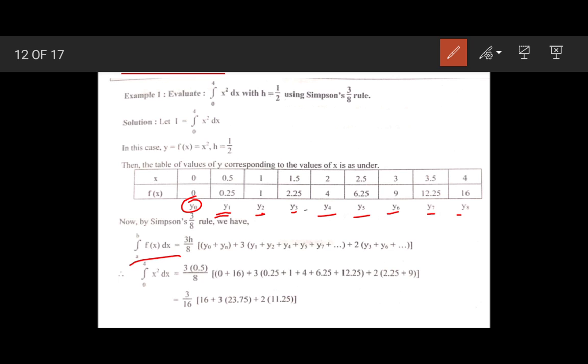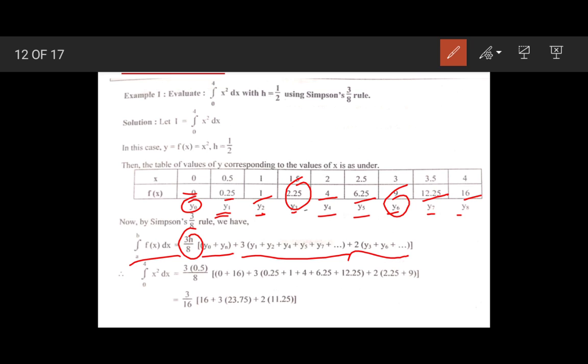So integral a to b f of x dx is equal to 3h upon 8 into first value plus last value, so y0 plus y8, plus 2 into multiples of 3, so 2 into y3 plus y6. There are only two multiples of 3 terms. Then plus 3 into remaining terms. The remaining terms are y1 plus y2 plus y4 plus y5 plus y7.